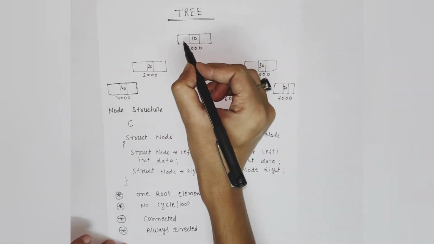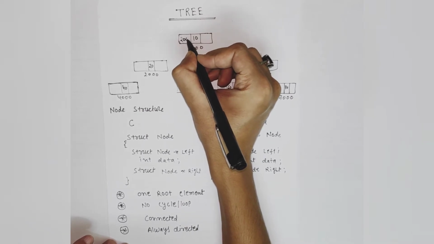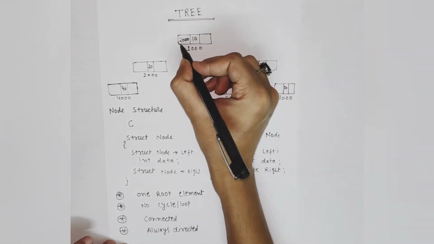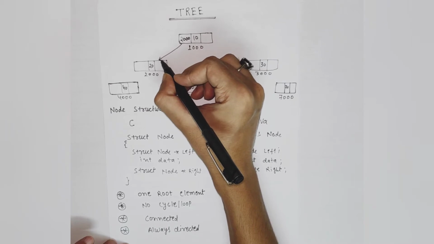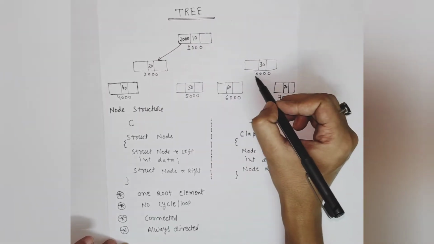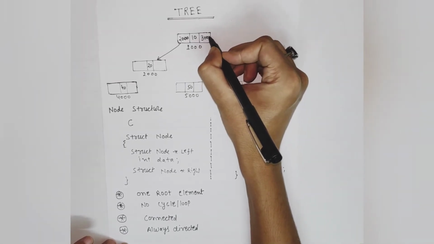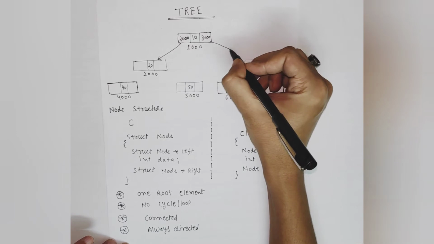So I am putting the values. Suppose I put the value as 2000, then there will be a link like this. And suppose in the right pointer I put the address of this node, which is 3000, then there will be a link like this.